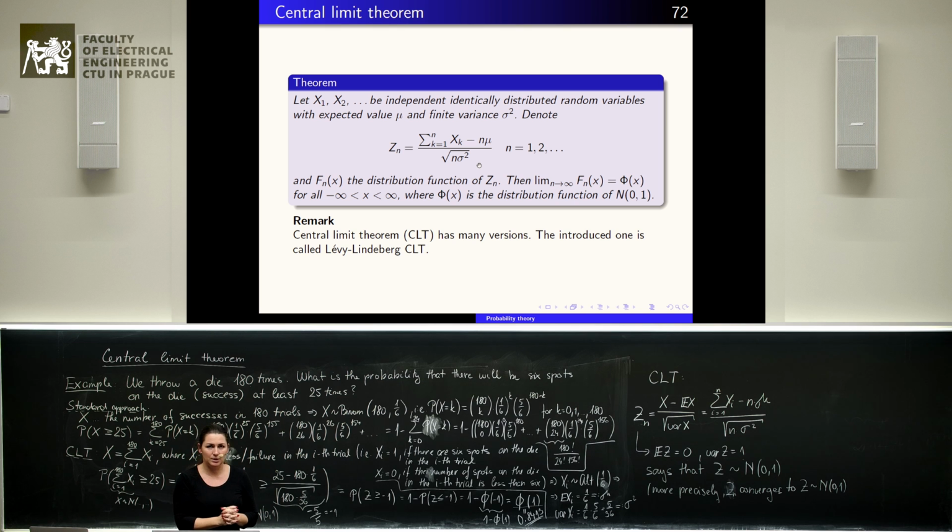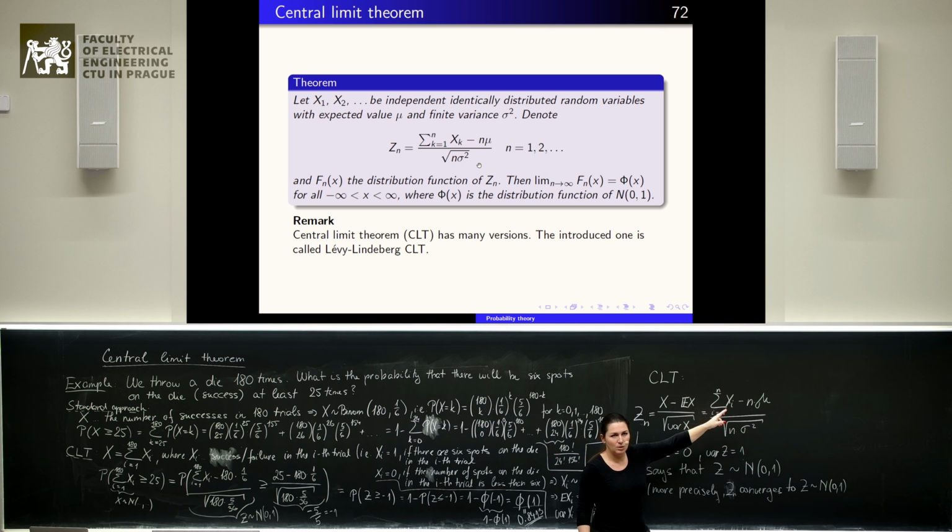So I repeat that the central limit theorem says that when we take a sum of random variables with arbitrary distributions, the only condition is that these random variables must be independent and identically distributed. Then this sum behaves like a random variable with normal distribution.